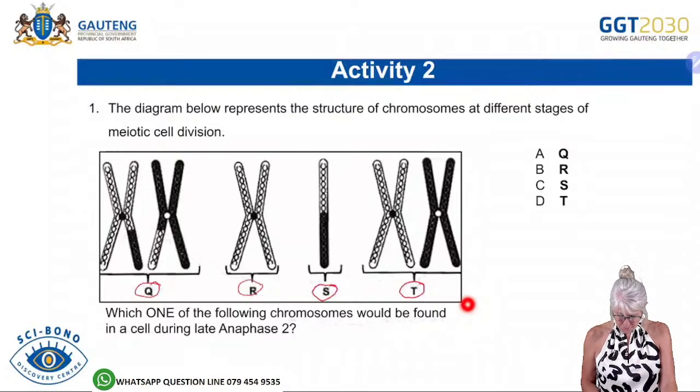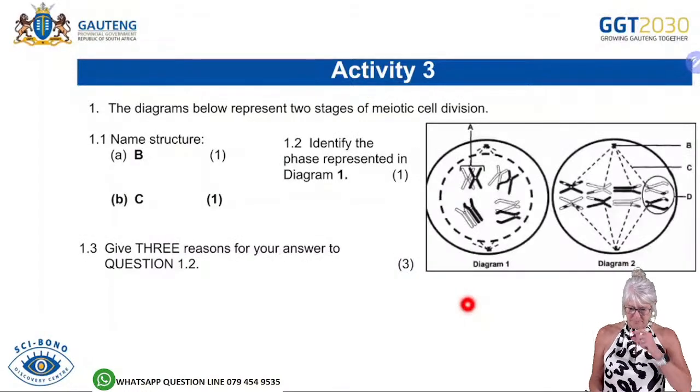So the answer then would be which one? It would be the single chromatid or unreplicated chromosome that is moving to the opposite poles. So the answer then would be C. Okay, so we are correct. All right, let's move on.